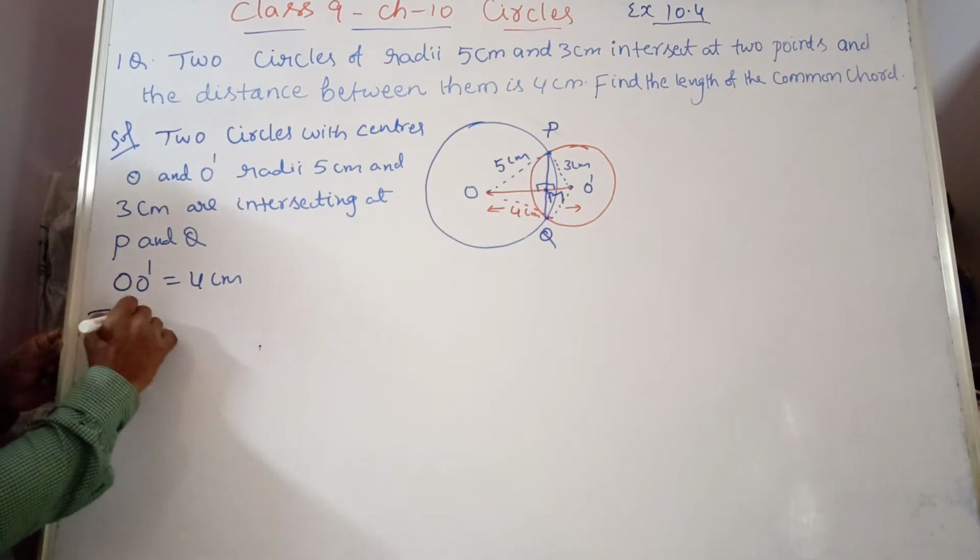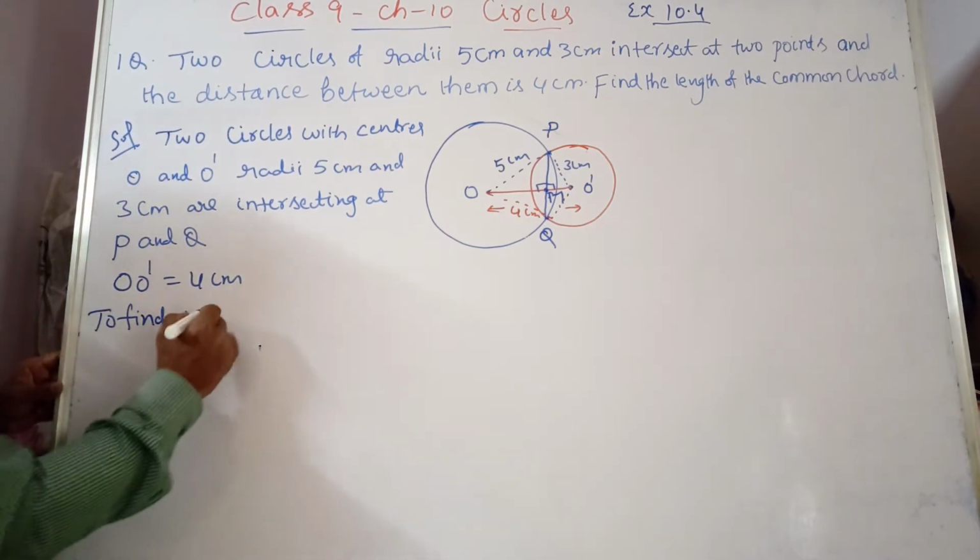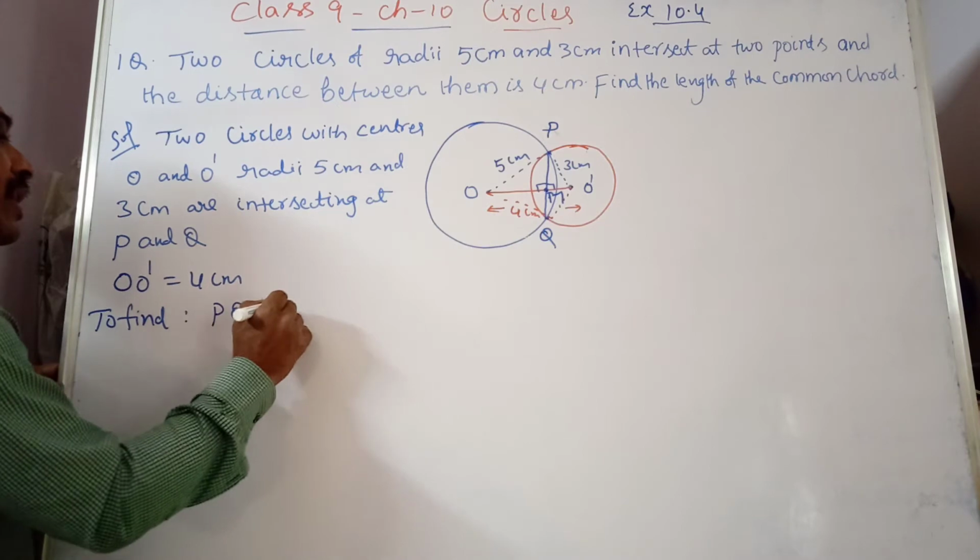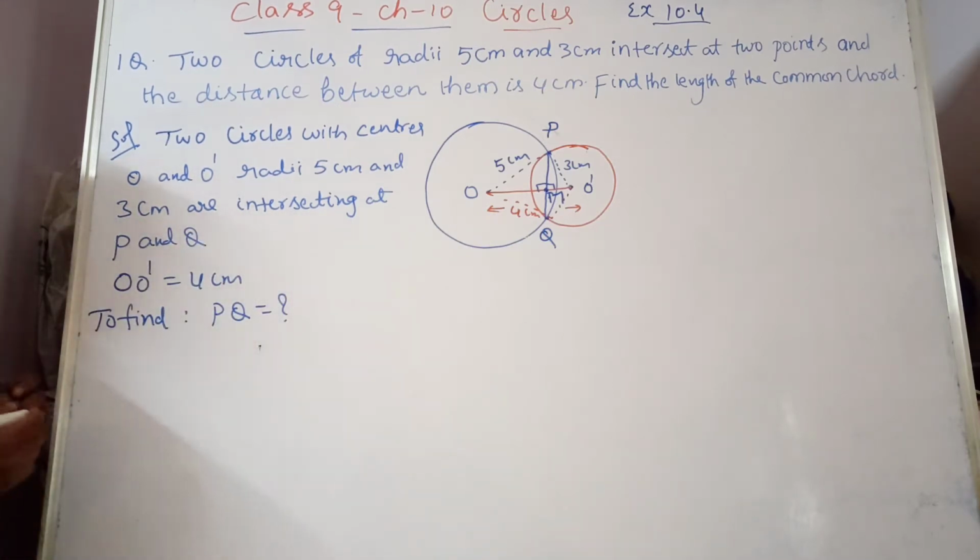What we have to find out is the length of the common chord. So PQ is equal to what? That we have to find out.